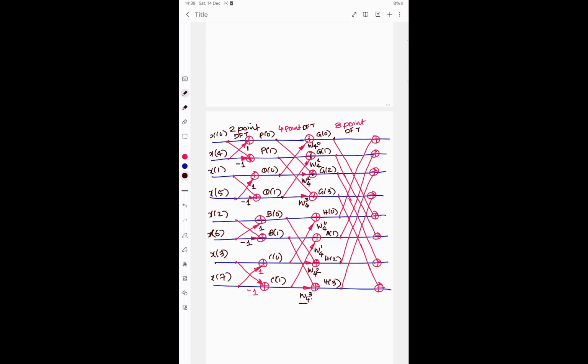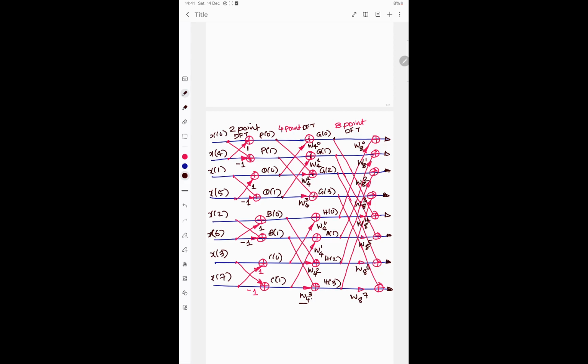Now we have the 8 outputs, and these outputs are the actual Fourier transform samples or sequences. The coefficients for the upper 4 start with W80, W81, W82, W83. We use 8 here because this is part of the 8-point DFT.